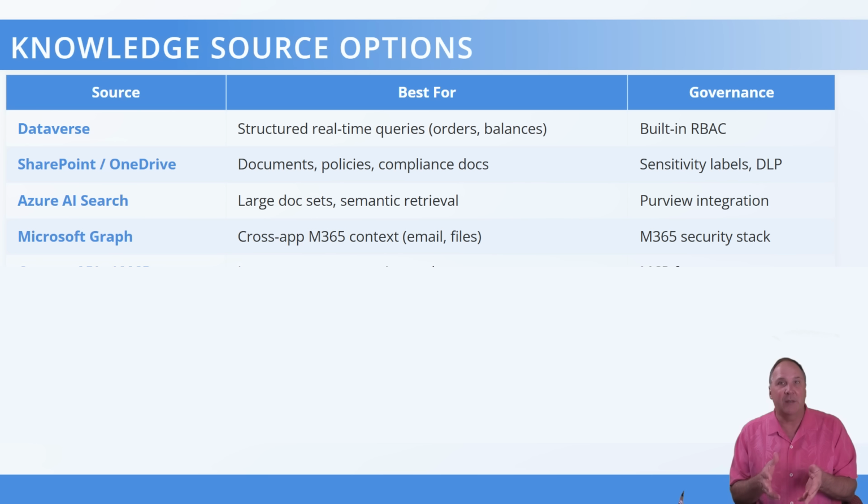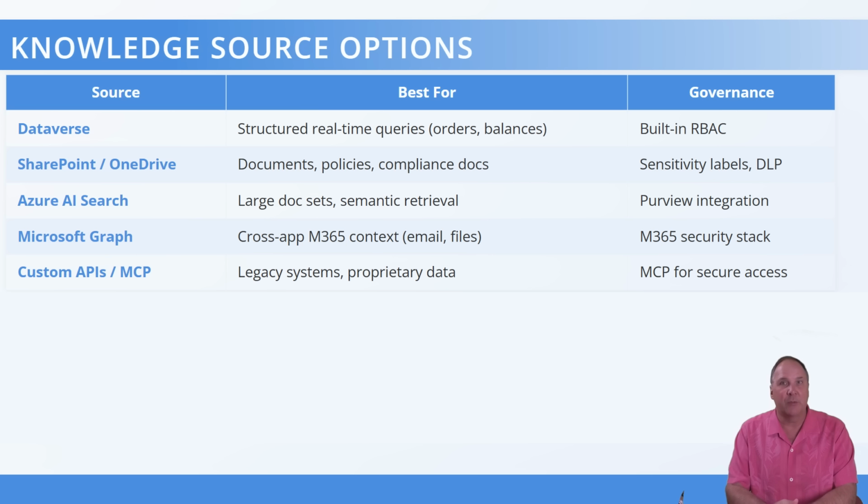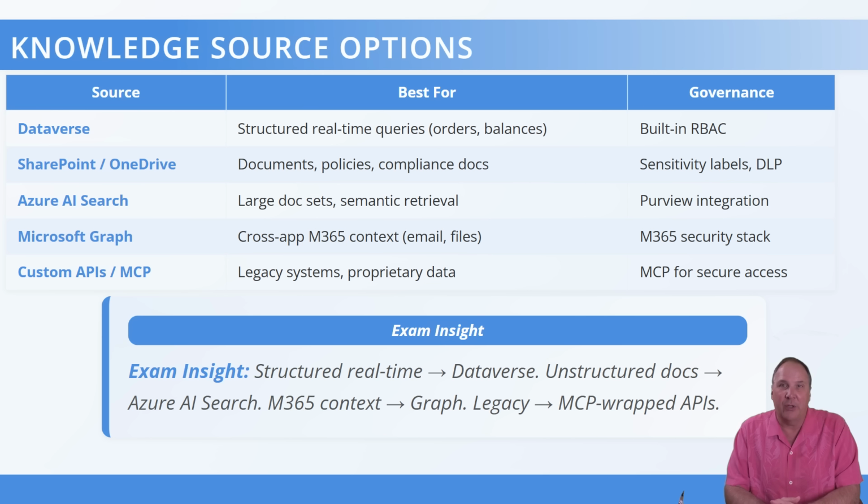For M365 contexts like emails, calendar events, and recent files, use Microsoft Graph. And for proprietary systems or legacy databases, wrap them with MCP custom APIs for secure access. The exam tests your ability to match the data type to the right source.